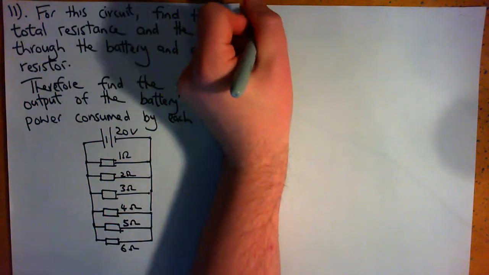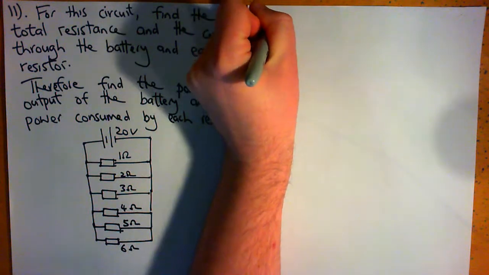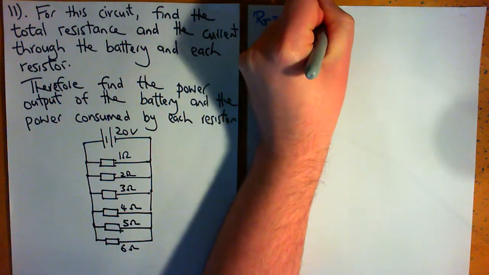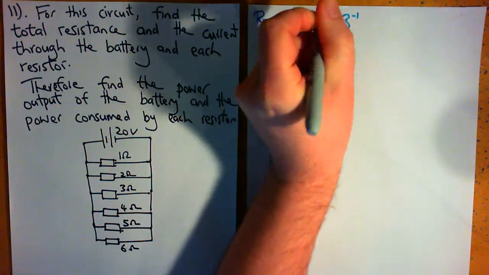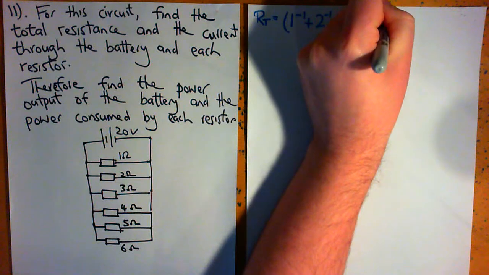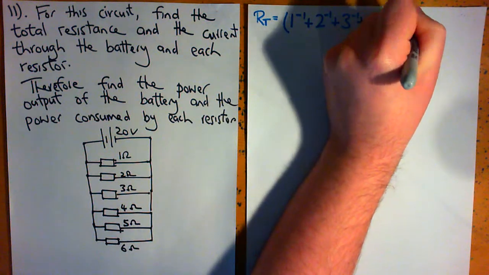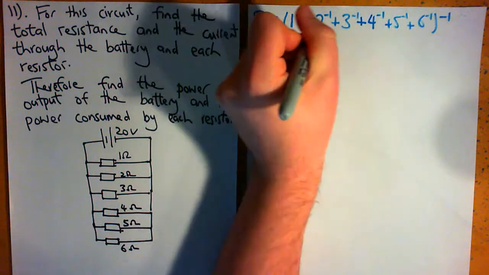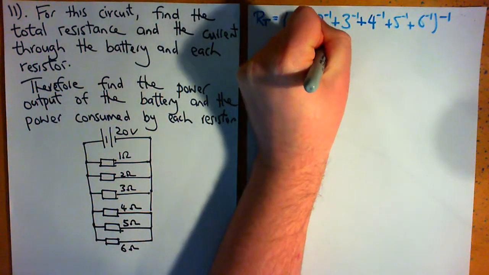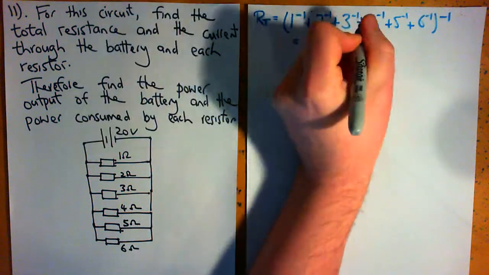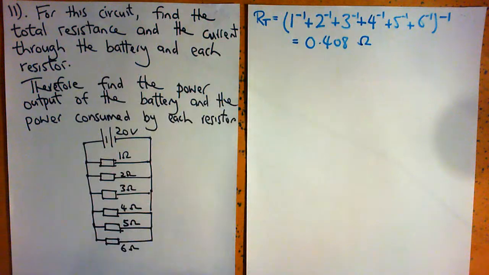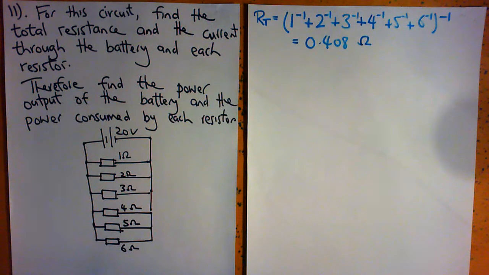So we've got the total resistance, which is going to be 1 to the power of -1 plus 2 to the -1 plus 3 to the -1 plus 4 to the -1 plus 5 to the -1 plus 6 to the -1, all of that to the power of -1, and we find that the total resistance of the circuit is 0.408 ohms.